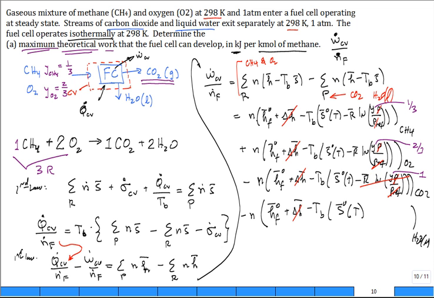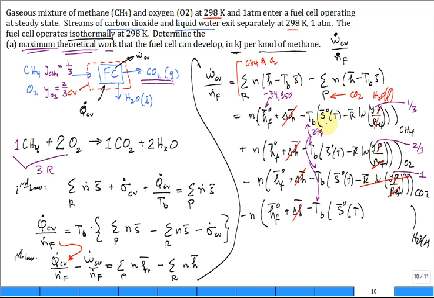Well, let's take a look at every one of these TBs: it's 298, 298. We have to get the enthalpy of formation of our fuel. Enthalpy of formation of the methane is negative 74,850.